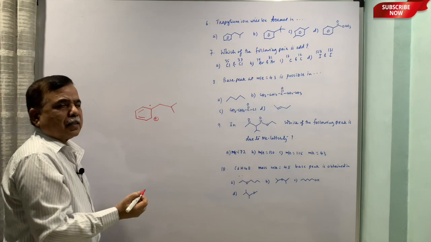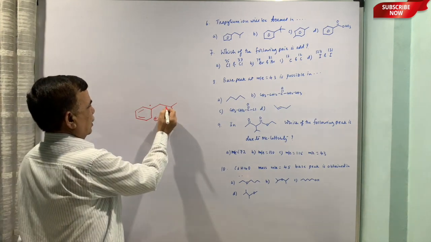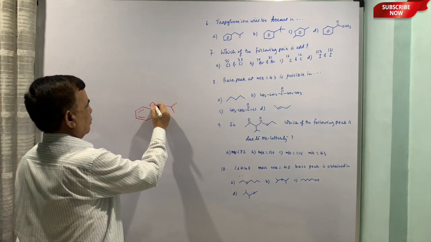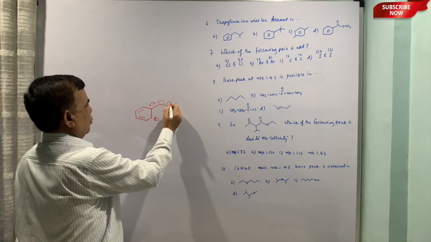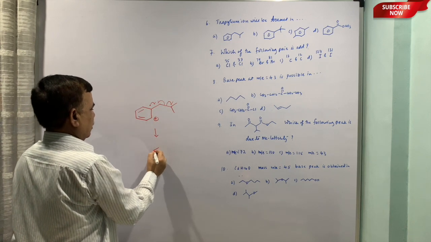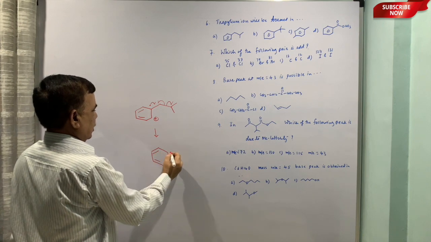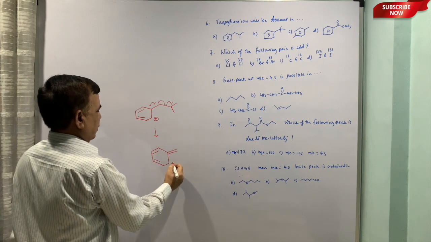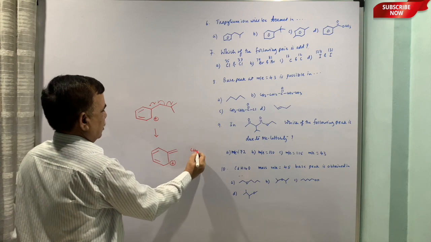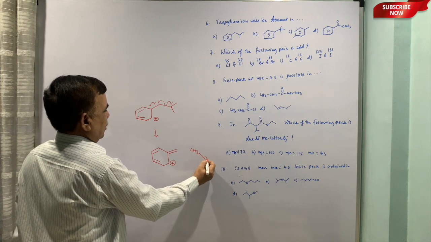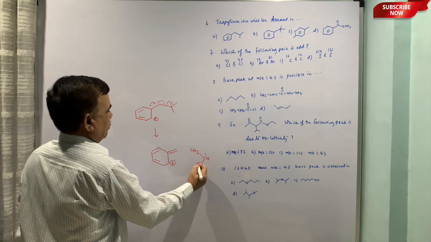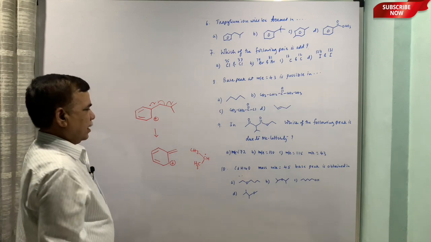This is M plus radical, and now you can have the homolysis of this kind of breaking of the bond, so that you can get the tropylium ion, and of course, you will be having a radical alongside.